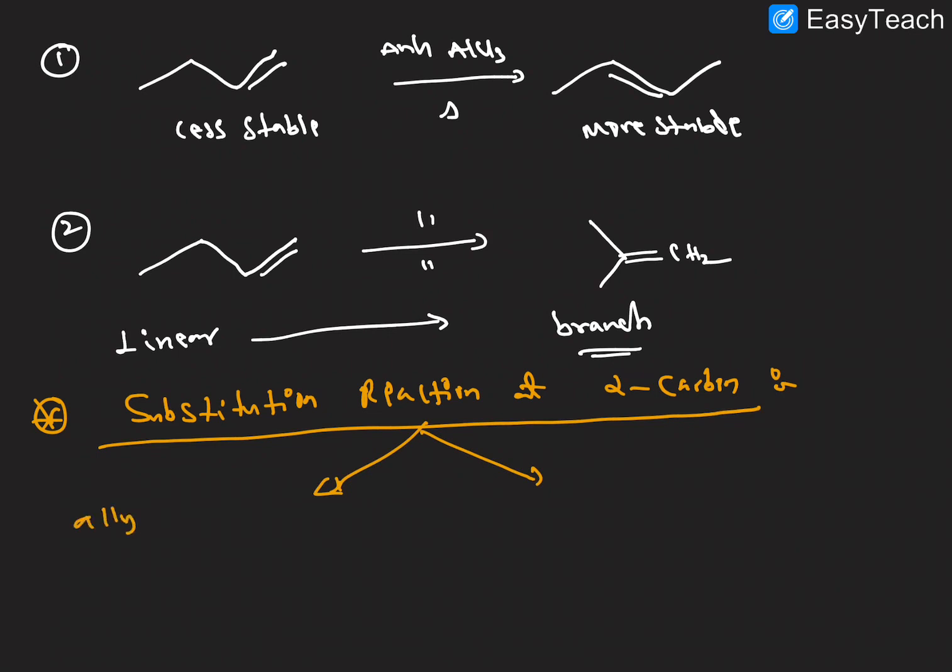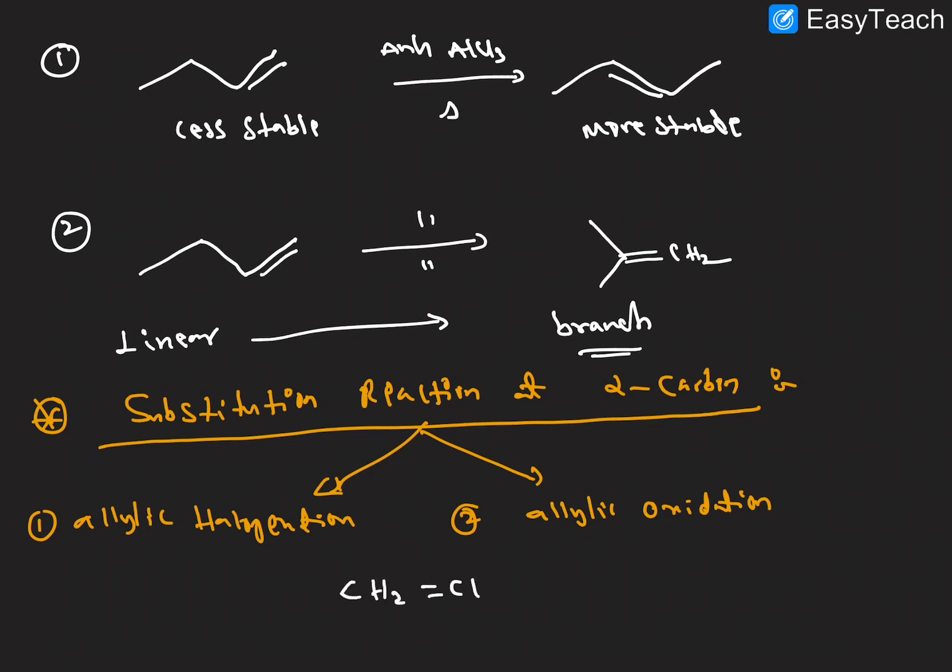The first one is allylic halogenation. The second one is allylic oxidation. Let us see all the substitution reactions at alpha carbon.